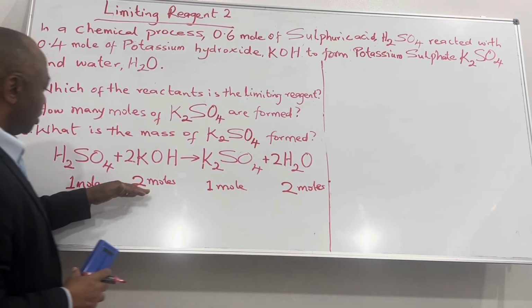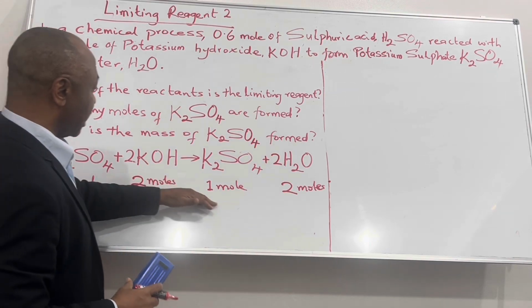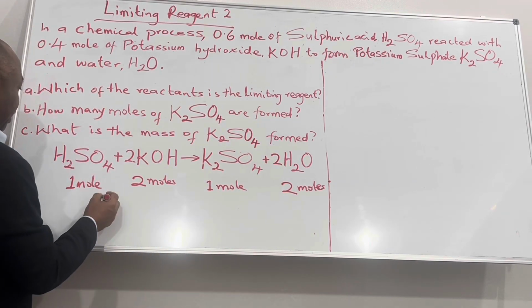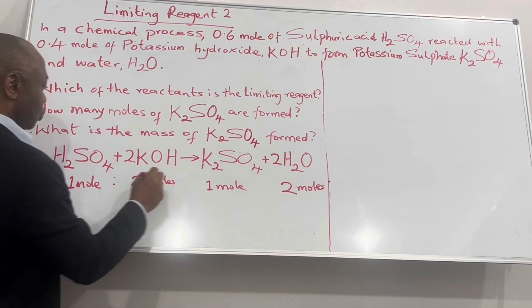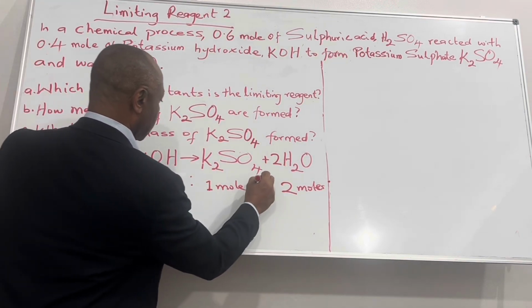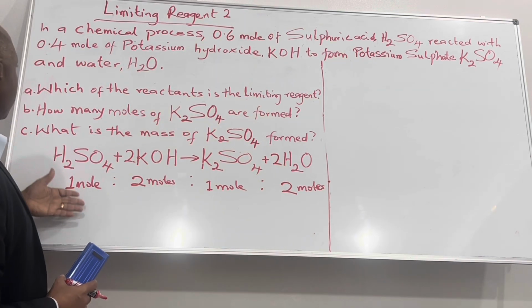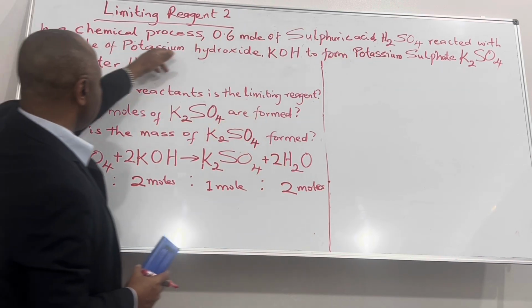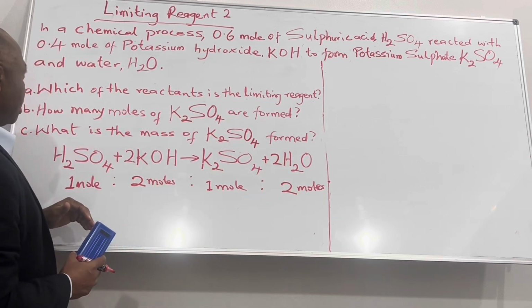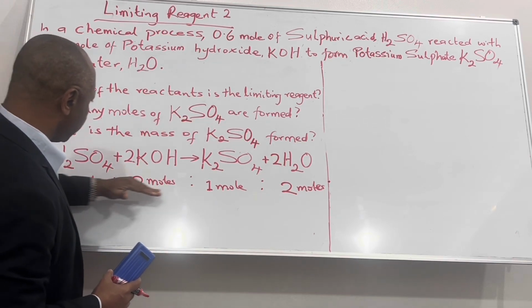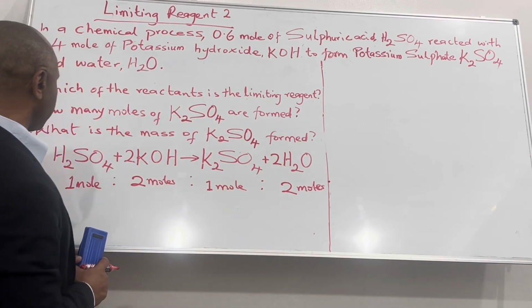water. These moles can also be presented as ratios. So the ratio here is 1 is to 2 is to 1 is to 2. We want to see whether the number of moles in this chemical process are consistent with the mole ratio as we have in the balanced chemical equation.